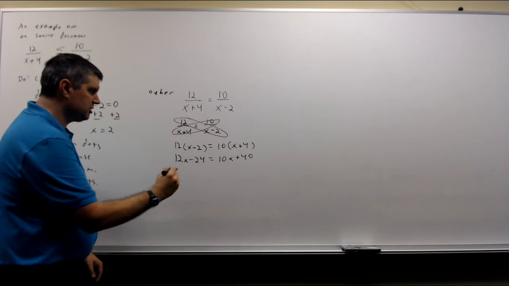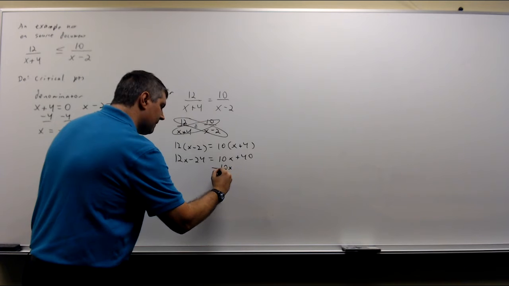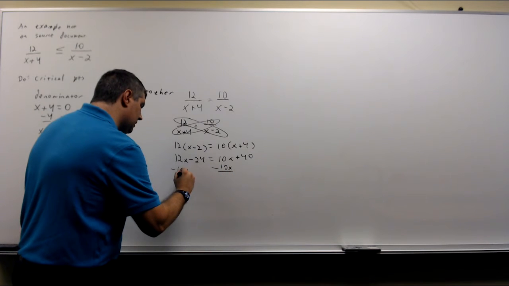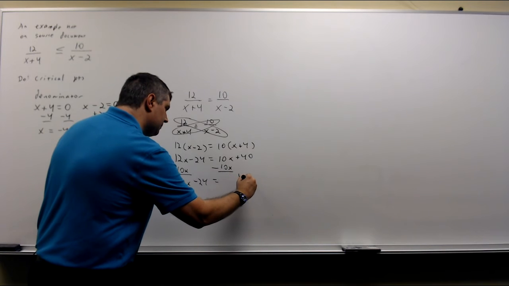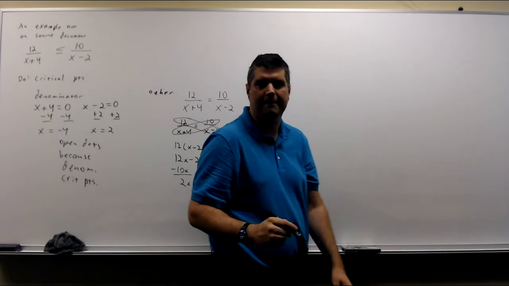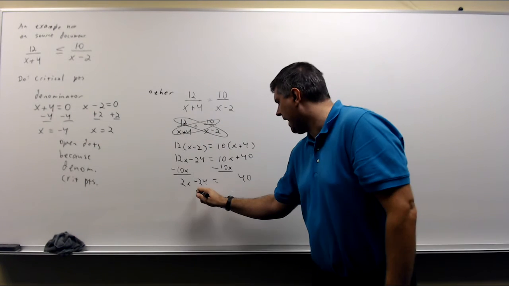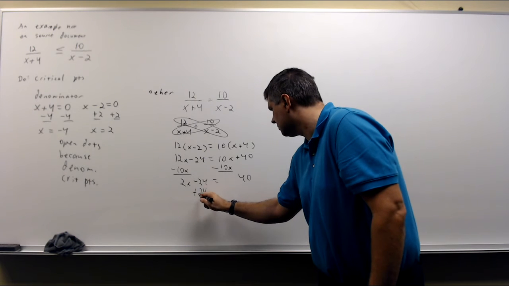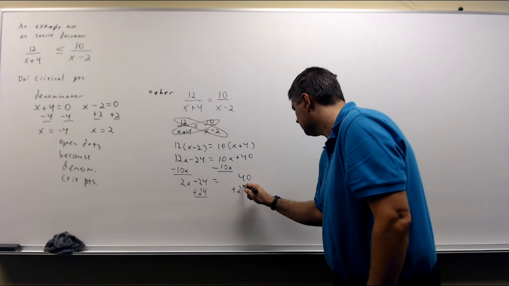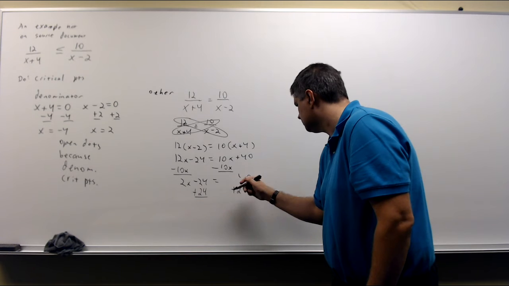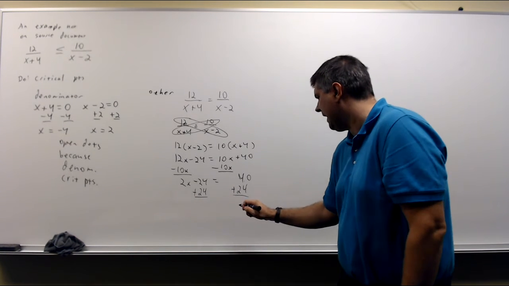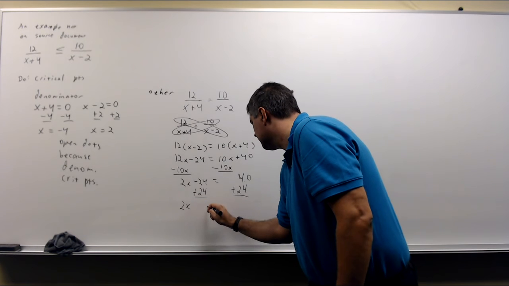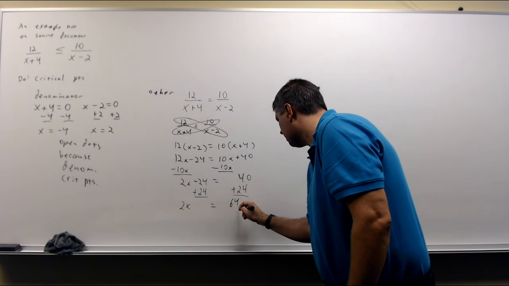I will subtract the 10x, and I have 2x minus 24 is 40. Add the 24 back, and 2x is 64.